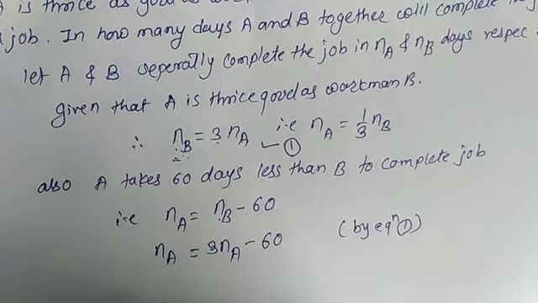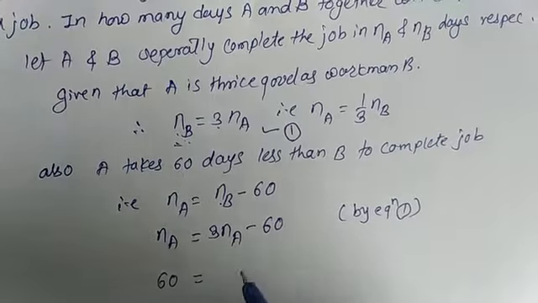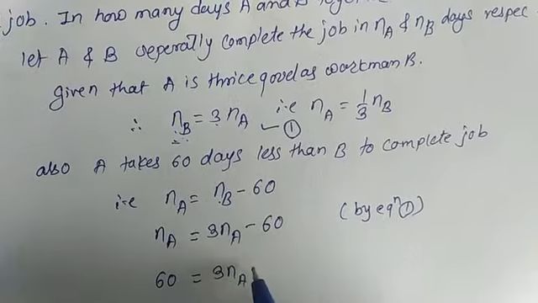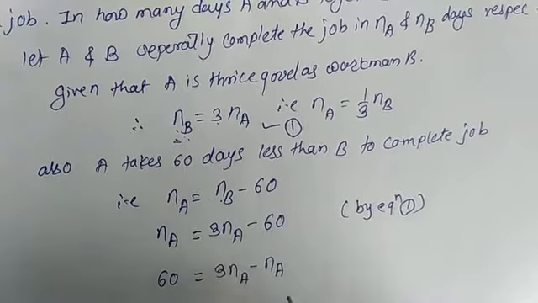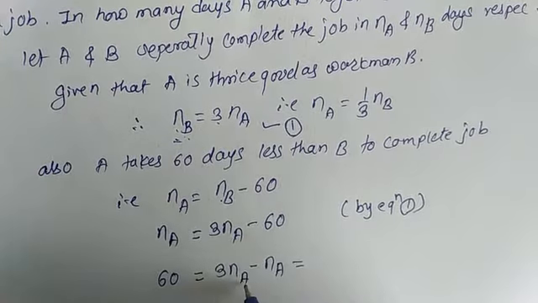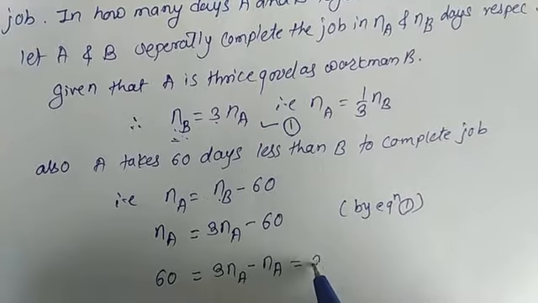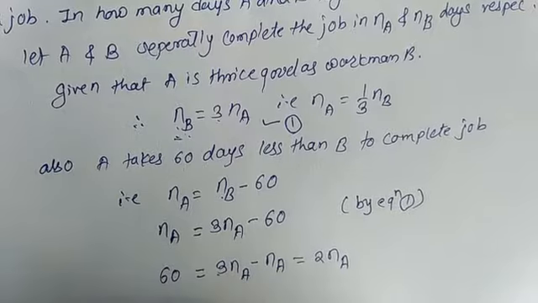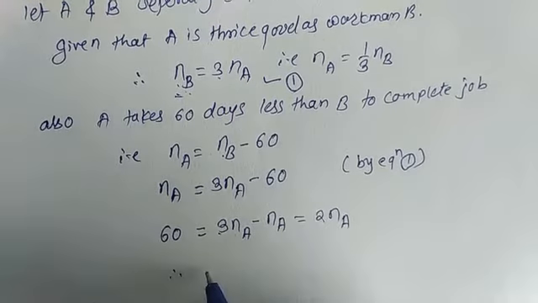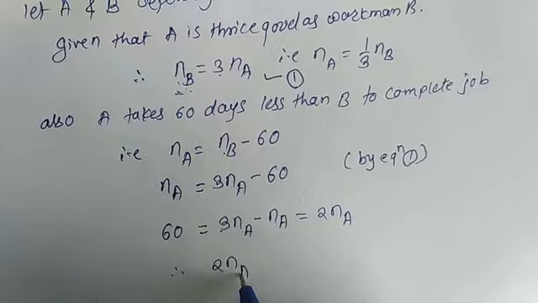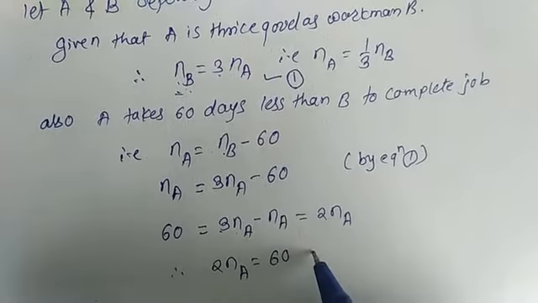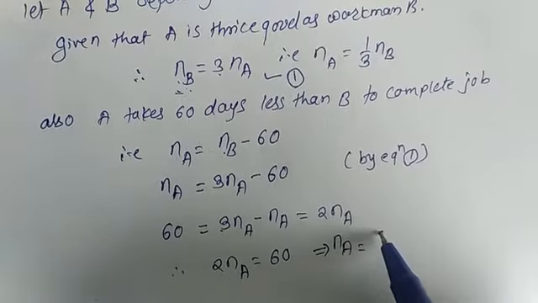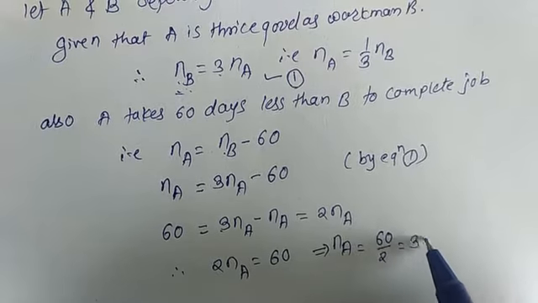So minus 60 on the left will become 60, and 3 n to the base A, and this n A when we shift to the right, it will be minus n to the base A. So it is 3 n A minus n A, which is equal to twice n to the base A. Okay, 3 minus 1 is 2. So therefore twice n to the base A is equal to 60, which implies n to the base A is equal to 60 upon 2 is equal to 30.